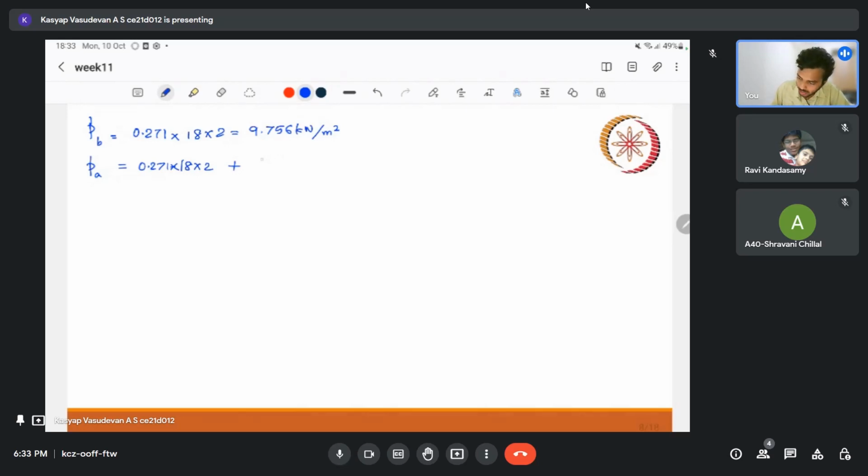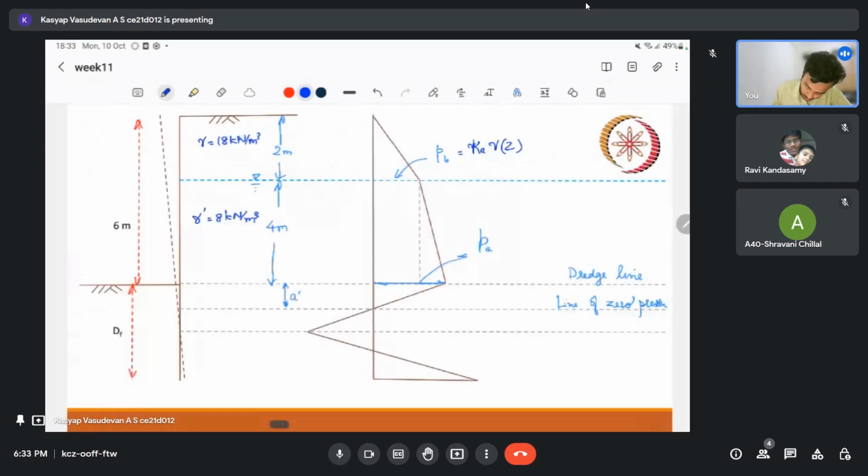So I have to write it as Ka, that is 0.271, into 4 meters into 8, 8 is the submerged density. This turns out to be 18.428 kPa. So we have the pressures, that is 9.756 kPa and 18.428 kPa. Okay.